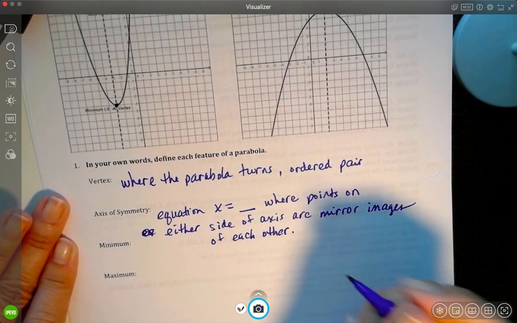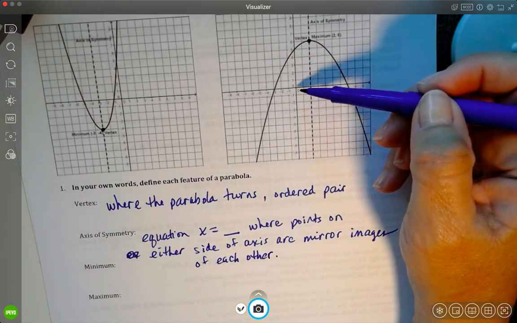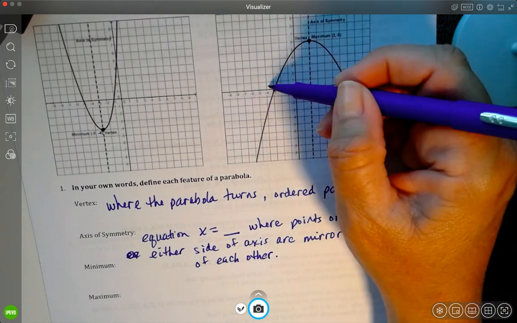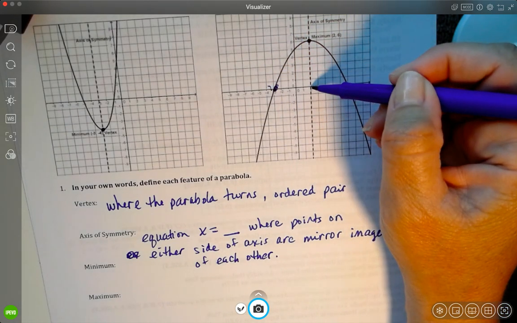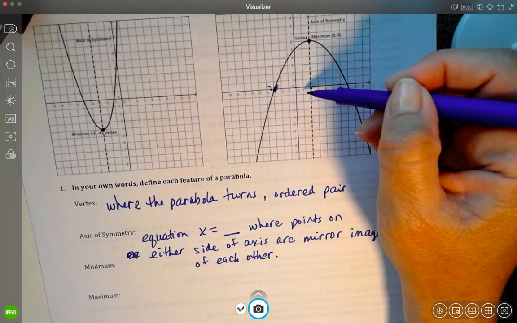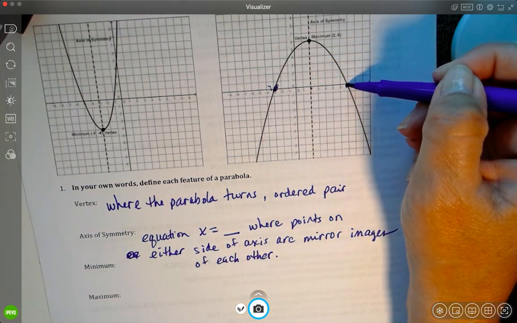So if you know that you have this point on one side of the parabola, and then you have the axis of symmetry, it's going to be equidistant to the other side. So you know 2 points there.